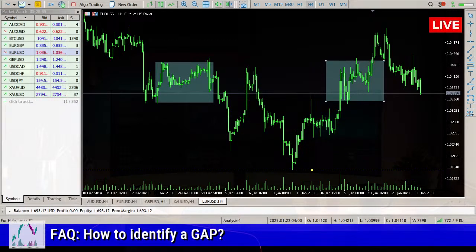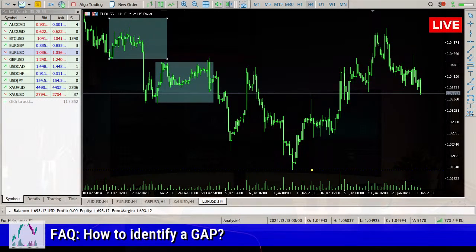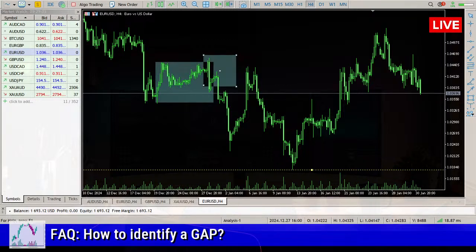You see here, probably we need to resize the box smaller. So here you got the 4-hour market range. This is actually the best. We can conclude this is the best for the 4-hour chart.